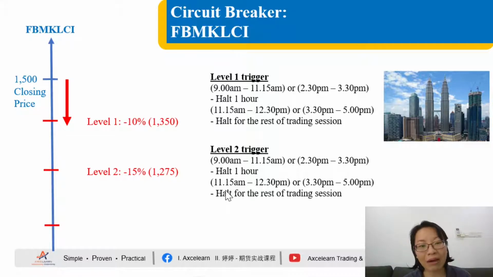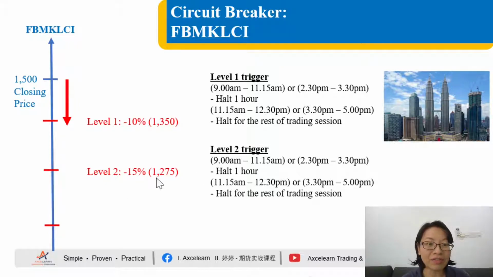If it is triggered after that, then it will halt for the rest of the trading. So what happened in 2008 is that in the first half it triggered at 10%, then we halted for the remainder of the first half. Then in the second half we continued. The market dropped further to 12%, then we rebounded from there all the way. So it's very different.